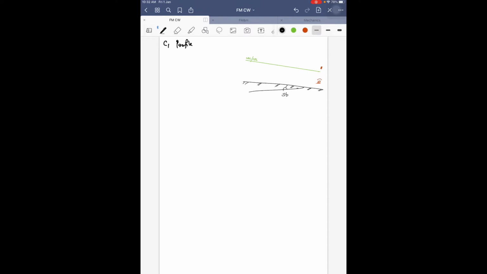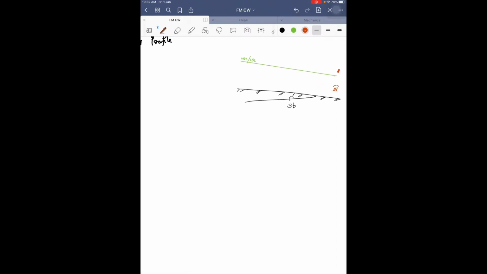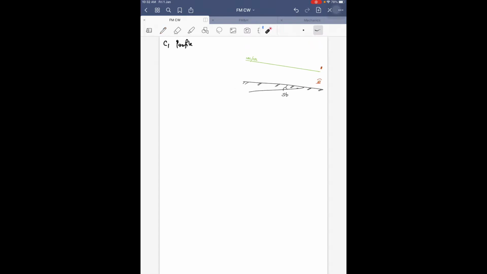Now let us start finding out the characteristics of the surface profile. For a C1 profile, the water will be over here somewhere. So let us draw that. Now let us mark the conditions.